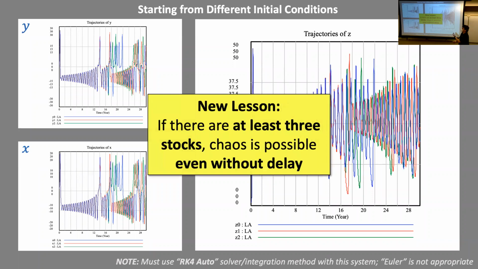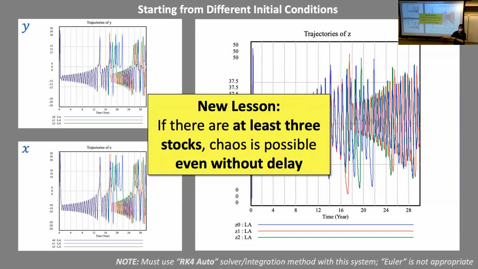So the lesson I'm trying to get across here is that for 3 stocks or more, you can get chaos. And so it's something that you always have to look for because you're never quite sure if it's there. So whenever you run your systems, you should probably try them with slightly different initial conditions to see if you get the same outputs. Because if you get a slightly different output, then if that's the right model, you really need to get your initial conditions right.